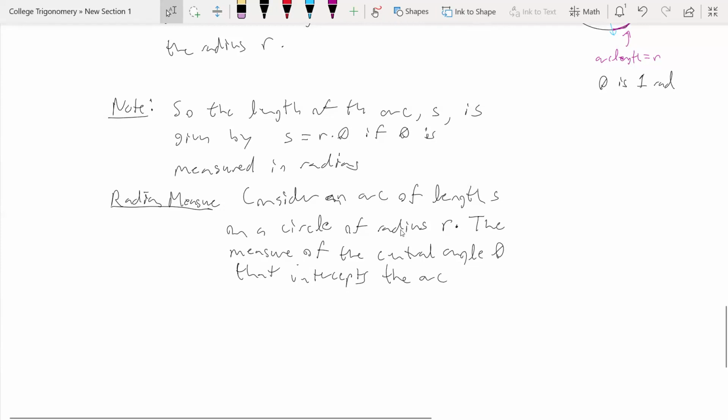And all that means is it's a central angle that forms the arc. The arc is trapped between the initial and terminal sides of that angle. That intercepts the arc is, so here's the formula for it. Theta is equal to S divided by R.